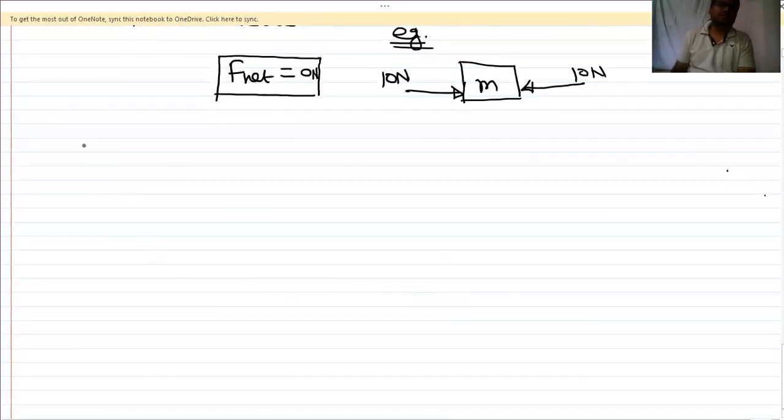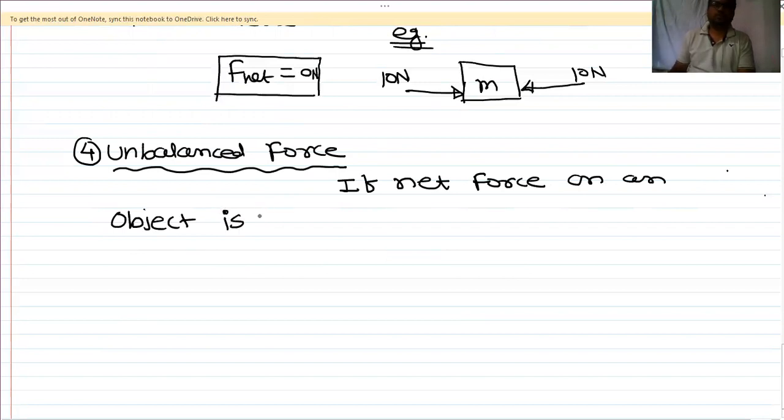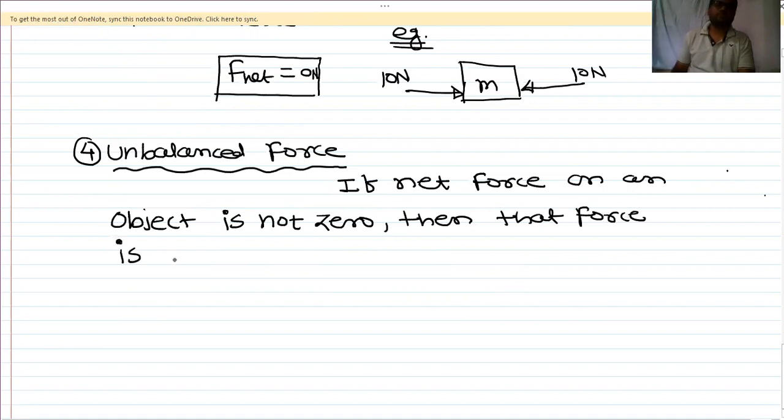Now the fourth and final type which we have is the unbalanced force. So what is the unbalanced force? If net force on an object is not zero, then that force is called unbalanced force.